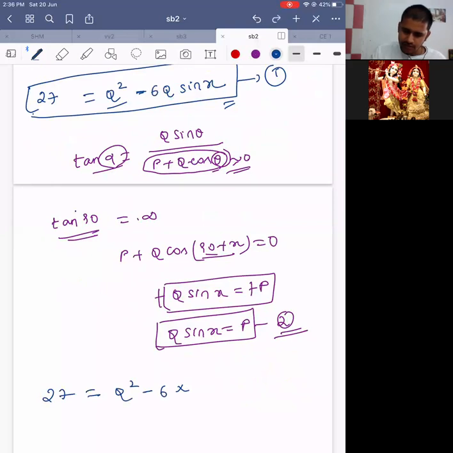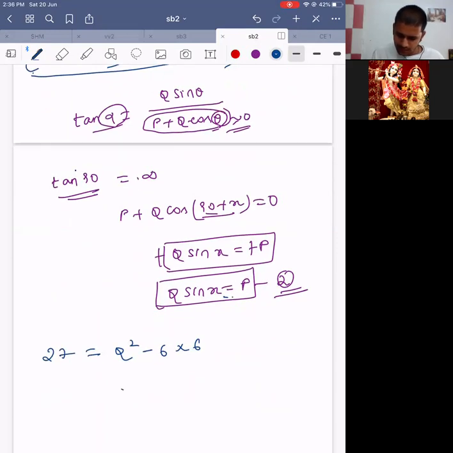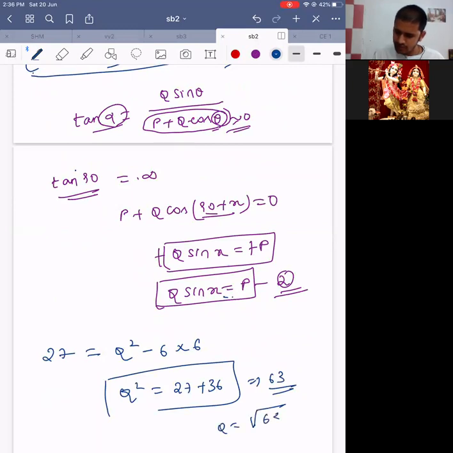Okay, one second. The q sin x will be equal to p. P is equal to 6 and it is 36. So q square is equal to 27 plus 36, which is equal to 63. Then the value of q is equal to square root of 63 meter per second.